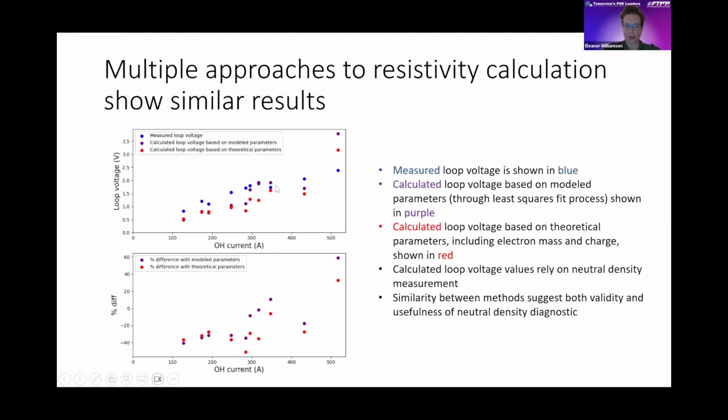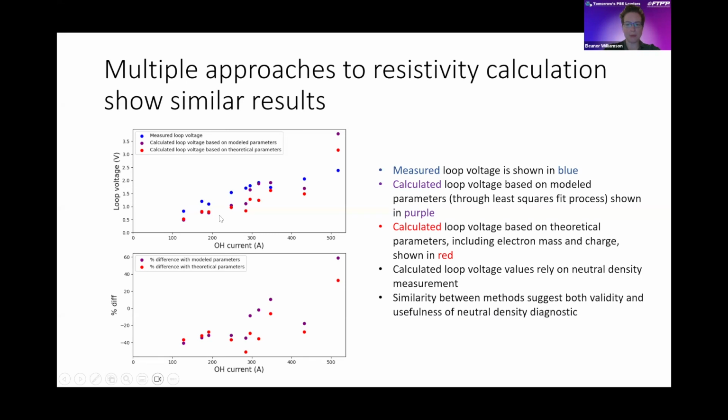This is a set of results we took with exactly that previous concept. In blue, we have the measured loop voltage, so that's the actual voltage measured in the experiment. In purple, there's a calculated loop voltage based on modeled parameters. I wouldn't worry too much about that.